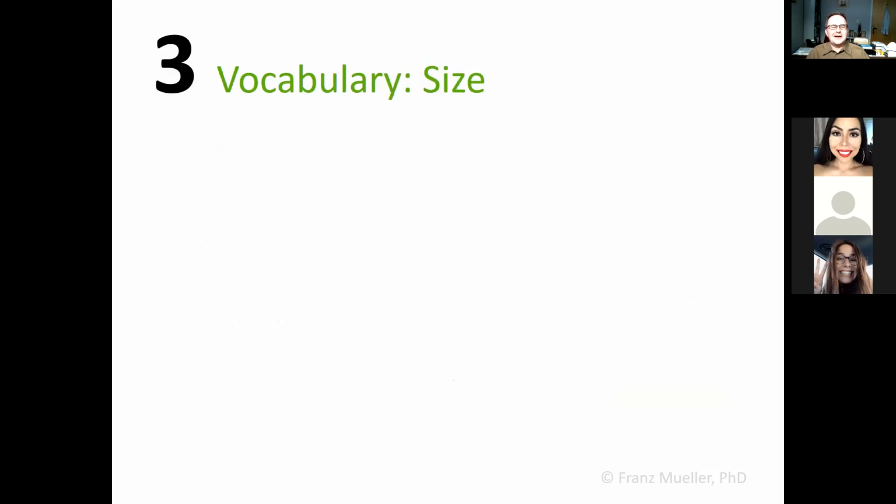So talking about the size of the vocabulary, there's actually remarkable differences between languages there. Some languages are spoken in small societies, perhaps a few thousand or only a few hundred members of that society, only a few hundred or a few thousand speakers.